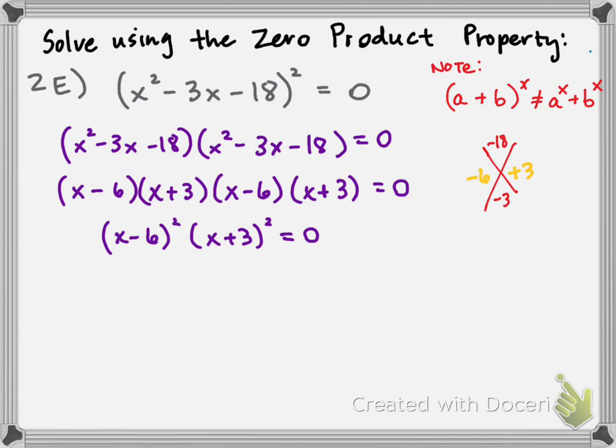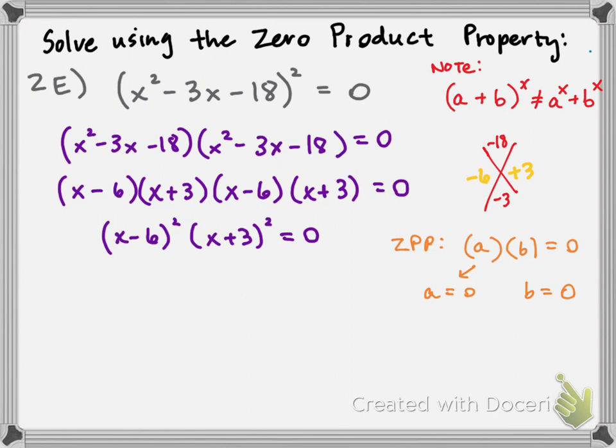Now the interesting fact here is that once I have a factor squared and a factor squared, the ZPP does state that if I have a factor and another factor and they're multiplying together to give me 0, then I can take the factor of A and equate it to 0 and take the factor of B and equate it to 0.